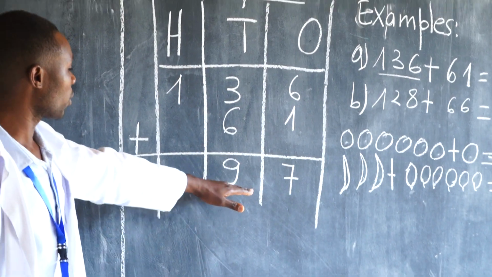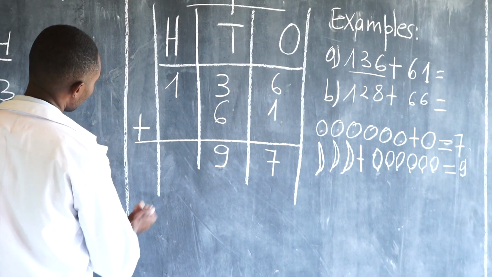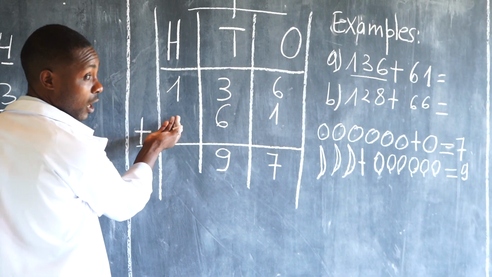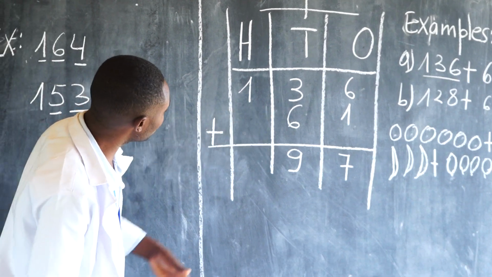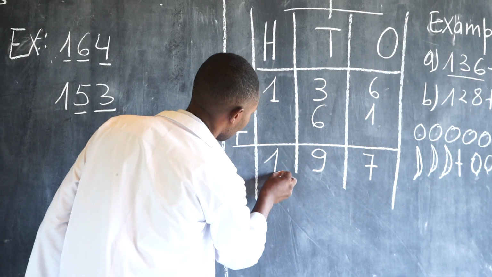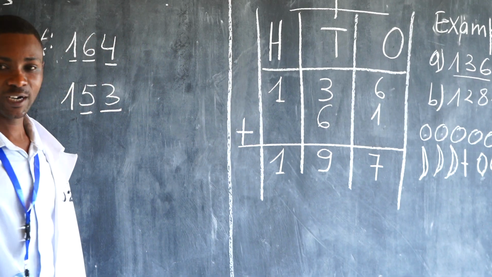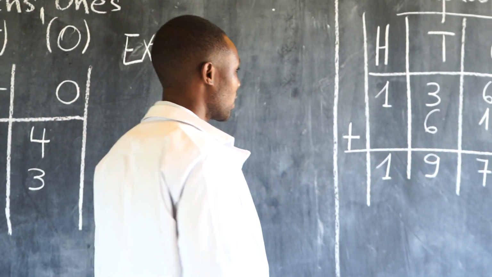It means we have 9. As we have seen that here there is nothing, we have to take this one and we write here. Have you understood? Yes. Thank you very much.